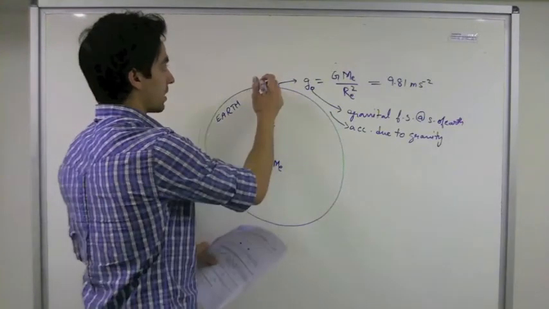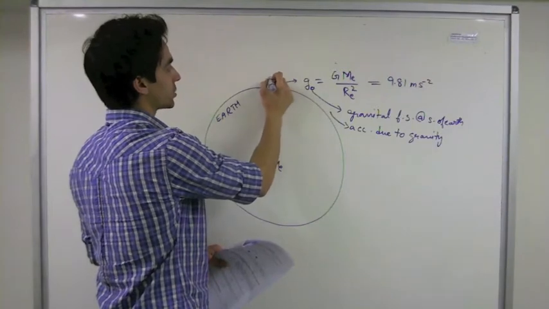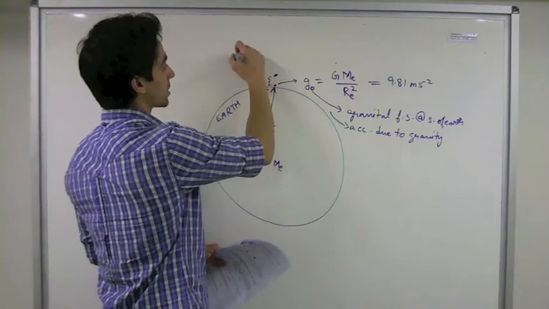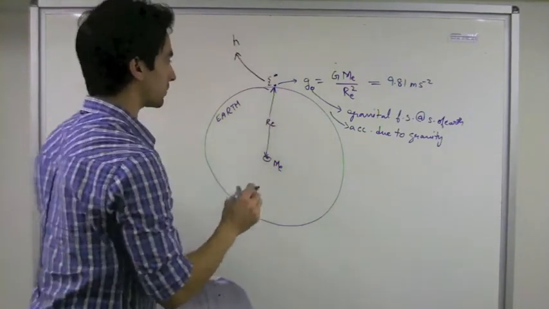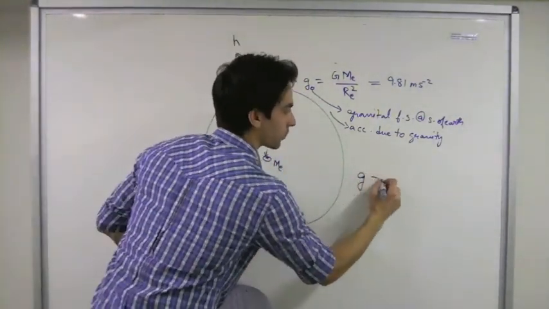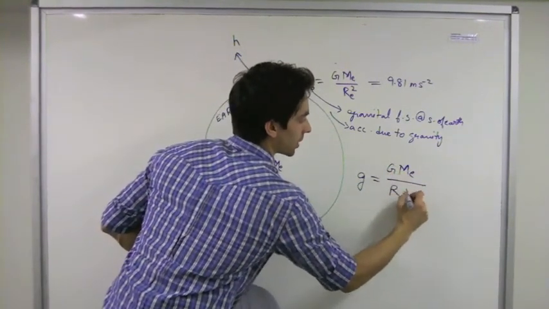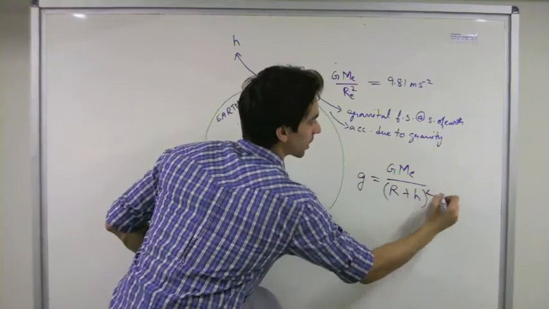Now, if I had to raise an object to a height h, let's say this here is height h, then the gravitational field strength at that point would be G m_E over (r_E plus h) whole square.